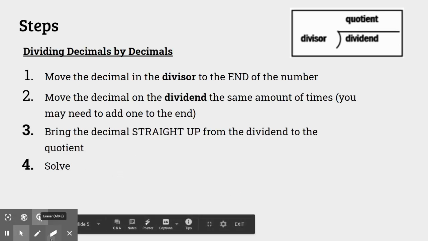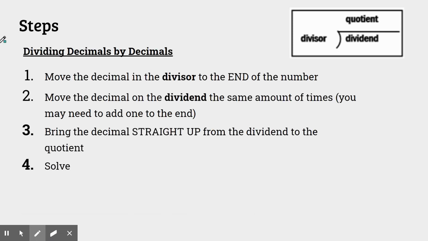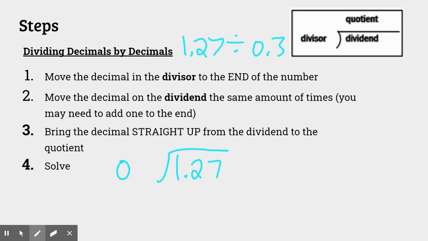Now, what is new to us is dividing decimals by decimals. So if I have the problem of 1.27 divided by 0.3, I have to do like I did before and set up my problem using the long division sign. Now before, I would just move the decimal straight up.